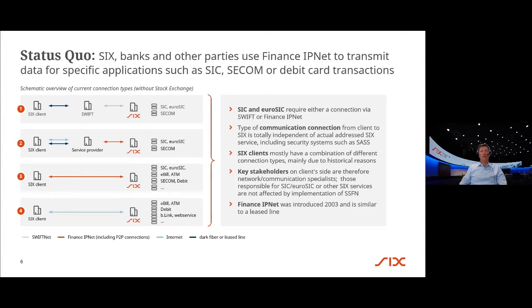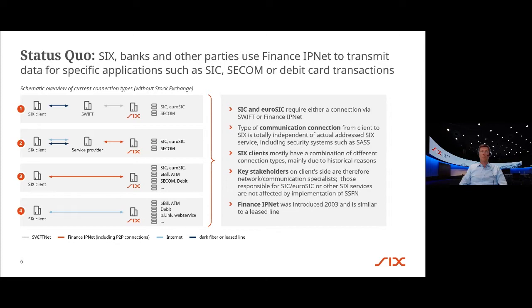What I'd also like to mention here is something which is maybe not so well known, and we've also seen that in the questions that we asked and the answers we received. If you've got a Finance IPnet connection, you can actually use that for any other or most other services that SIGs provides. However, of course, a number of SIG services are also available via the internet as an external network.